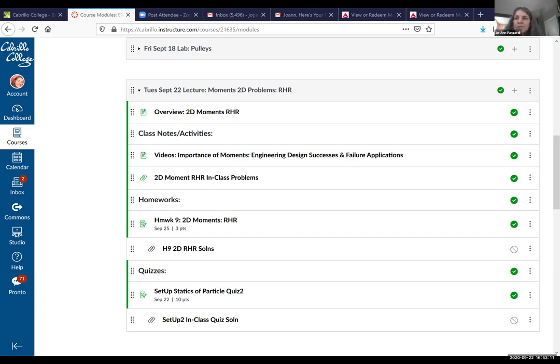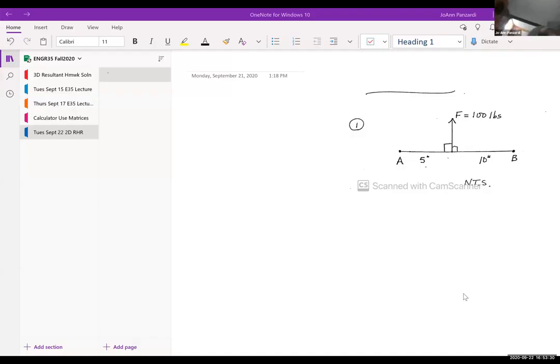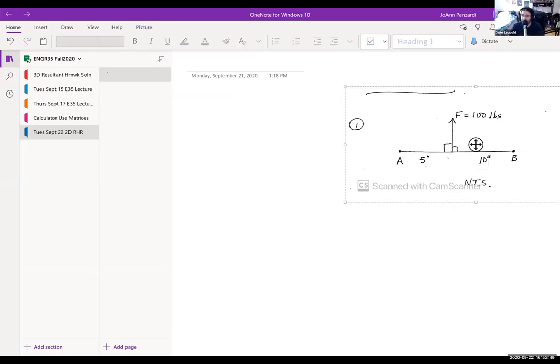So let's go back to stop sharing, OneNote. Okay, you see it now, right? Yes, that's good. Okay, let's try it and see how it goes. I touched it. Okay, do you see it again? Everybody see it? Yeah, we see the AB with the force going up.